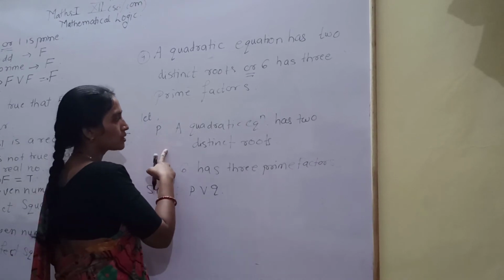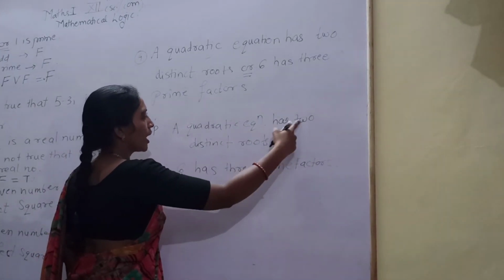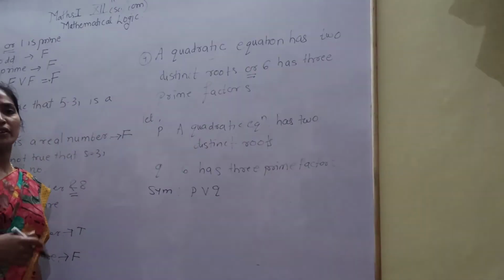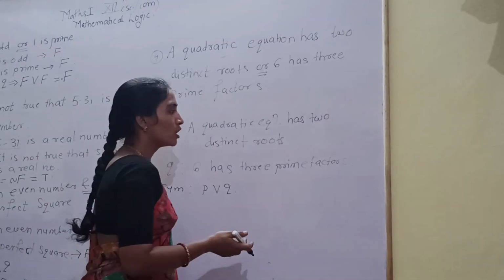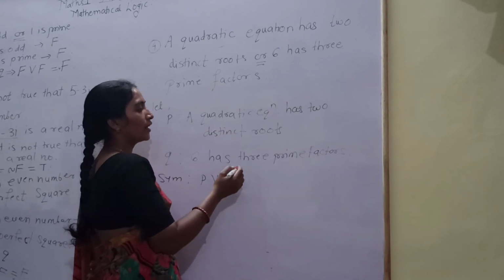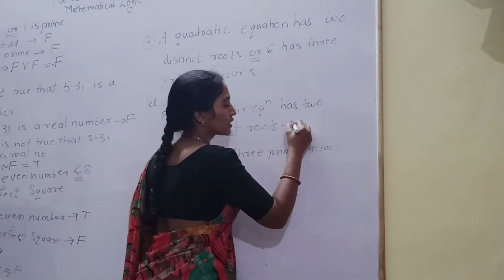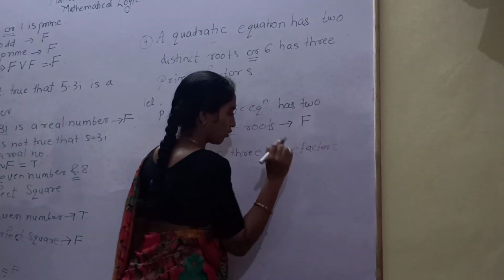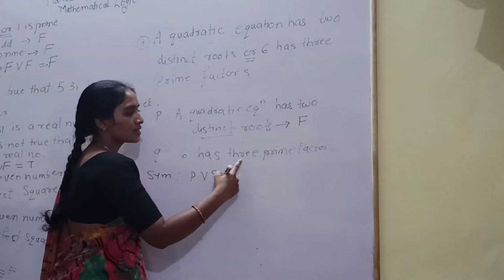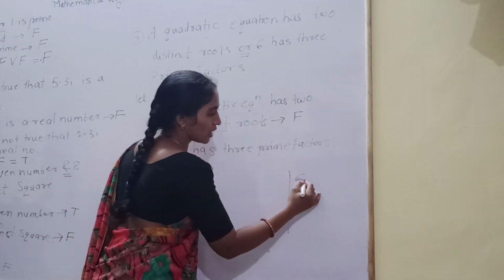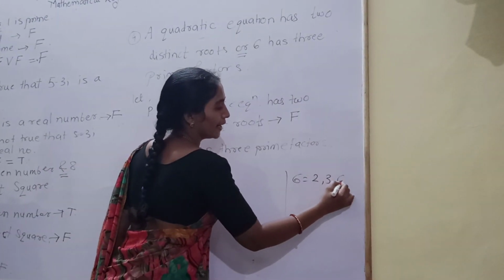Okay, now we want to check the truth values of P and Q. Here, P is: a quadratic equation has two distinct roots. We know that a quadratic equation may have equal roots or distinct roots. Therefore, it is not true that every time it possesses distinct roots. Therefore, its truth value is false. Again, 6 has 3 prime factors. We know that the factors of 6 are 1, 2, 3 and 6.